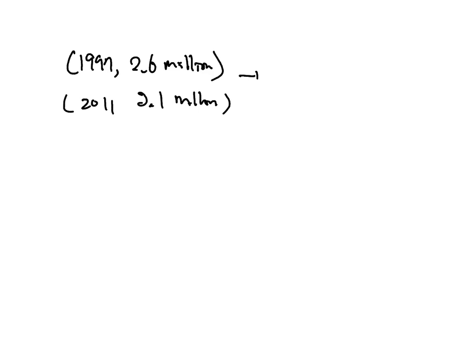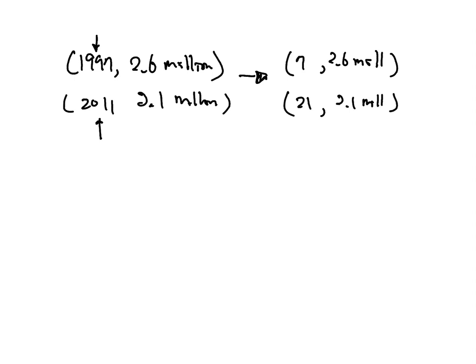So which means I cannot use the 1997 or 2011. I'm gonna have to subtract those numbers. I have to take those numbers, subtract 1990. So which means I have 7 here, 2.6 mil. And this is gonna be 21, and this is gonna be 2.1 mil. Okay, 2011 minus 1990, that is 21.